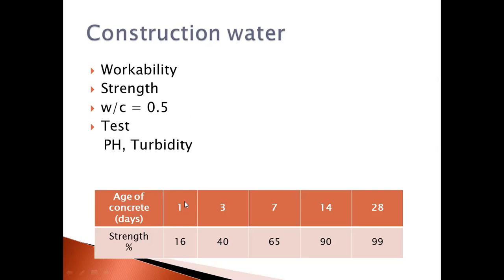On the first day when we cast the concrete, the strength will be 16%. On the third day, after the curing, the strength will be 40%. After 7 days it will gain 65%, on the 14th day it will gain 90%, and on the 28th day it will gain 99%.